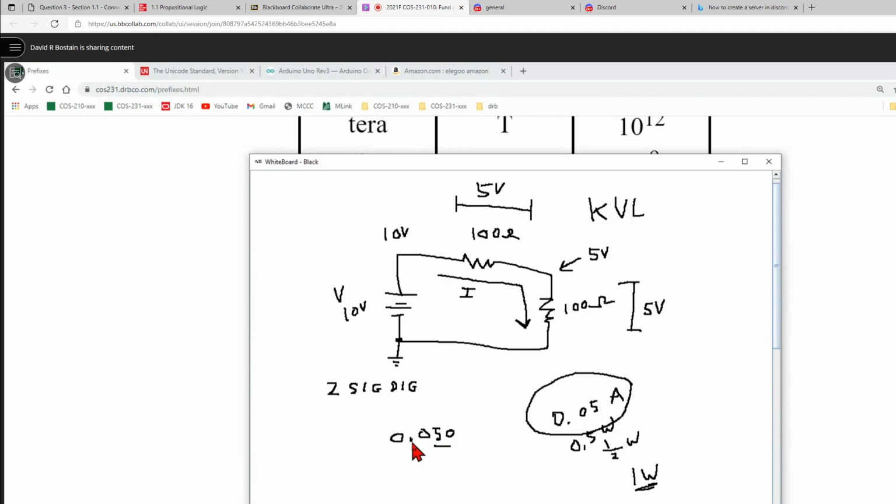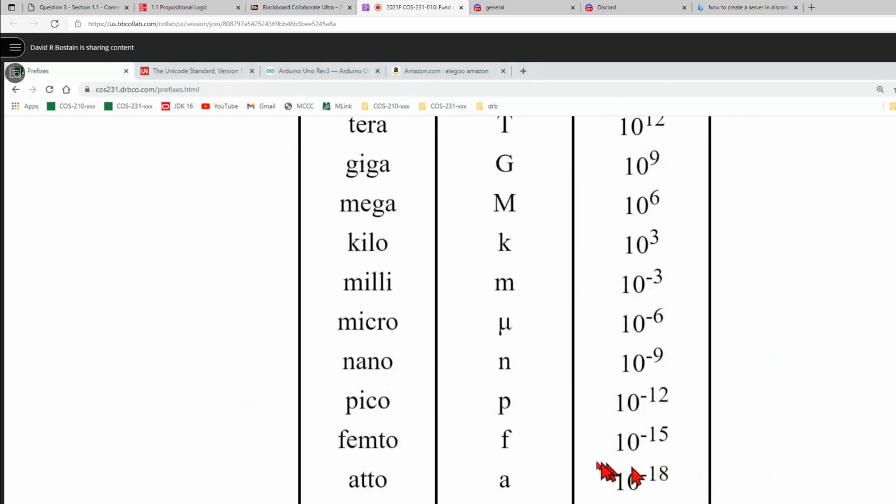Now, moving it 3 points at a time, I want to move the decimal point so that I have either 1, 2, or 3 significant digits to the left of it. So I'm going to move it 1 set of 3. Now I have 3 to the left, but I have 2 significant digits, so that's okay. It needs to be either 1, 2, or 3 significant digits. So my answer is going to be 50 times 10 to the minus third, which is milli.